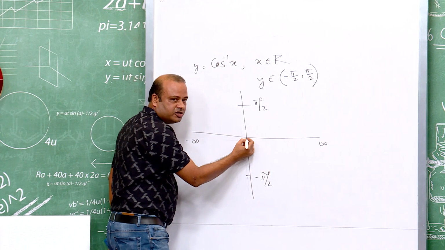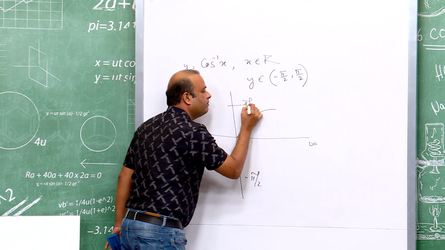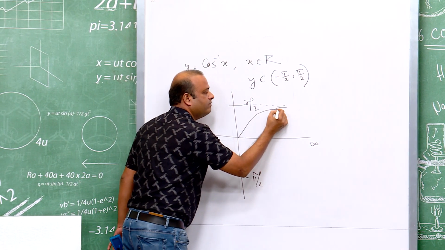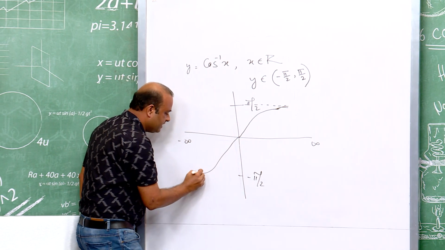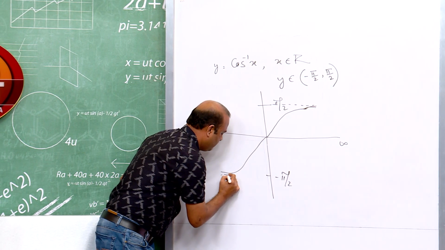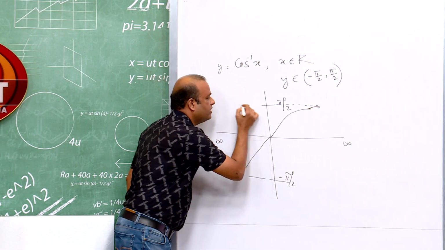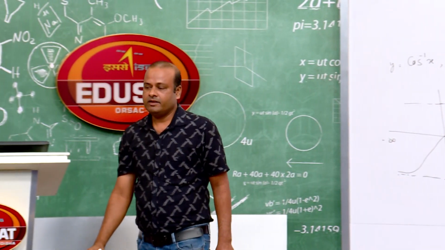So, the graph gradually increases, but never touches this line because it would be infinity, and also it decreases like this, right. Here minus pi by 2 and here pi by 2. This is the graph of tan inverse x.